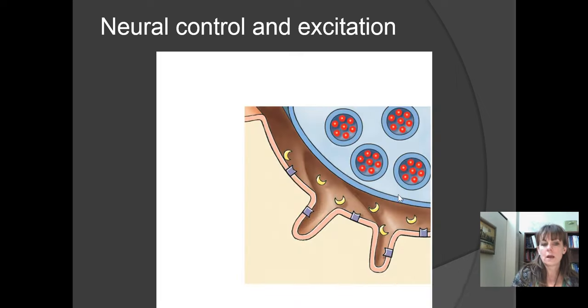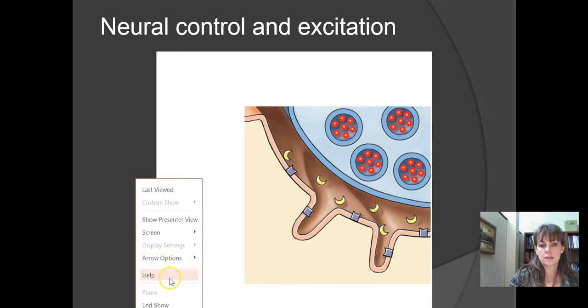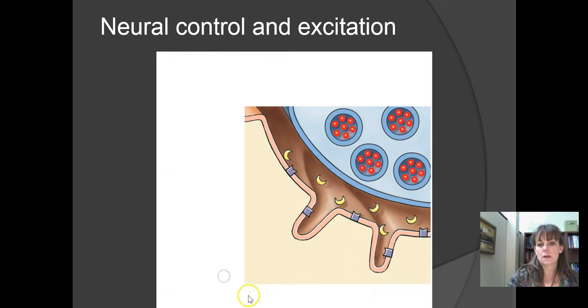Okay, and so what we're seeing in this image is that right here is the boundary of the motor neuron. Over here is the boundary of the muscle cell. It's the plasma membrane or sarcolemma. Just like what you saw with synapses before, there is a gap between these two cells.